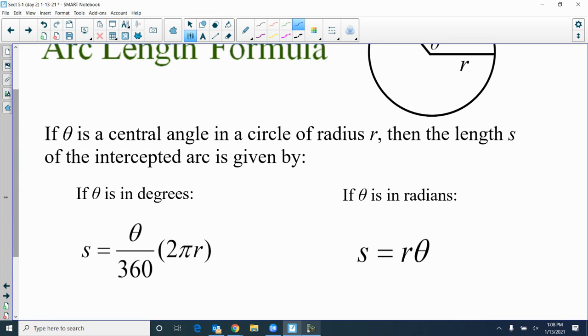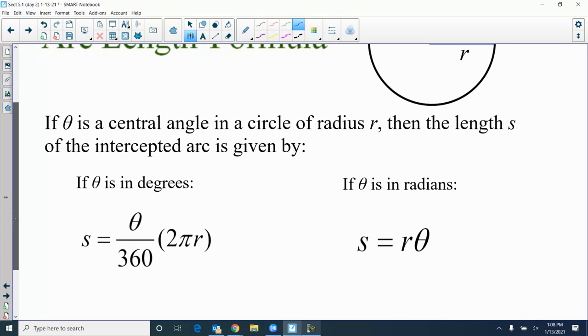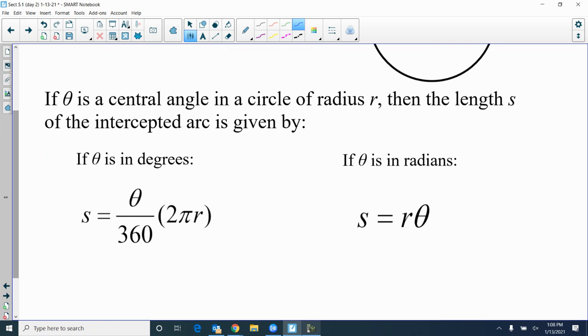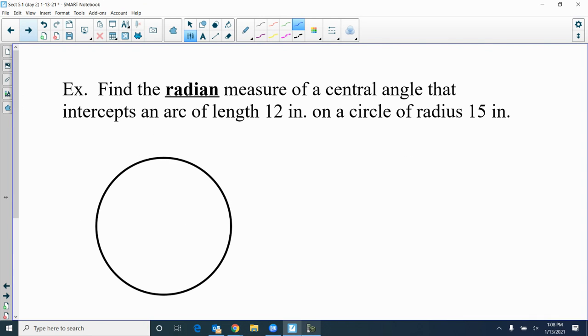As you look at things, radians tend to work nicer with some of the things we're working with, but you're so much less familiar with them that you're just not comfortable yet. You'll get more comfortable as we move on. I don't care which one you use, depending upon what you're given. I'm not going to say use this formula. It depends on the information you're given.